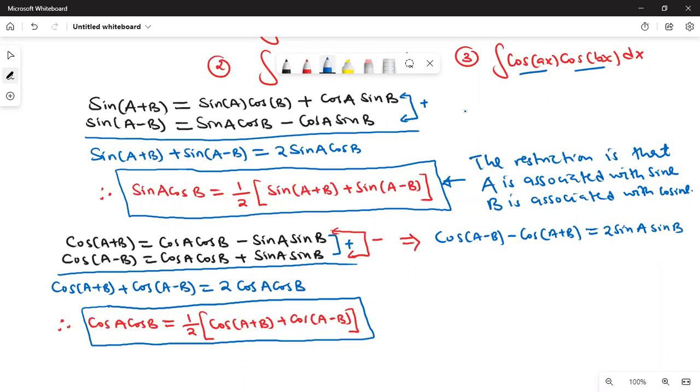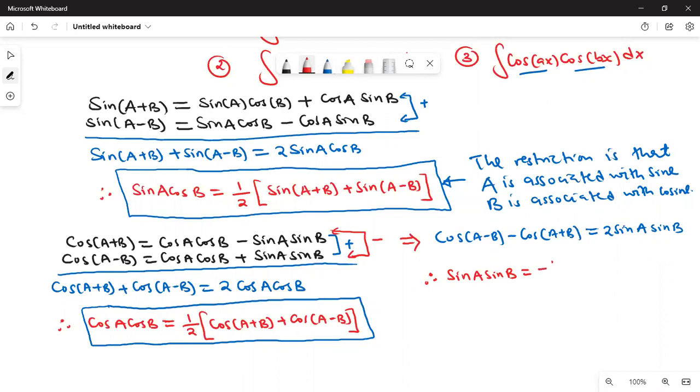So I want sine A times sine B. Make it the subject. So therefore, sine A times sine of B is the same as, let me factor out negative.